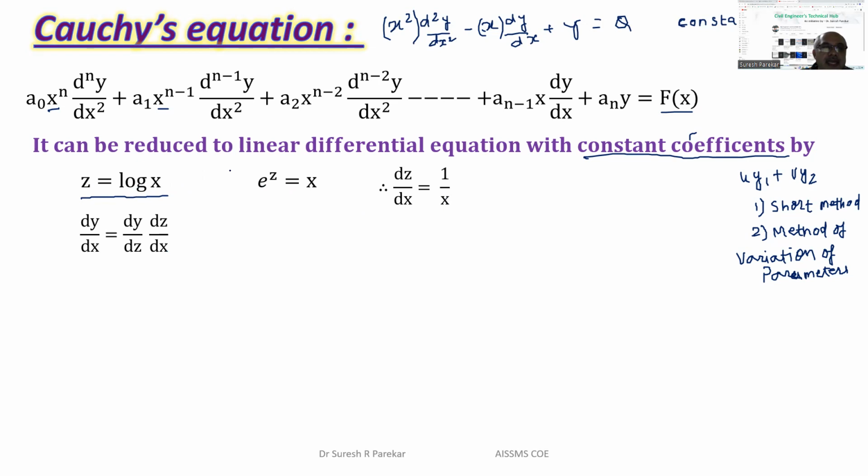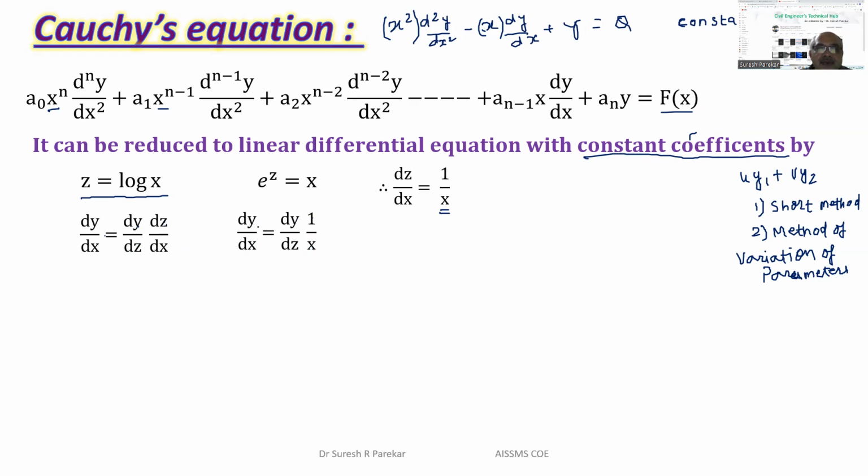Now we have dy by dx. So by chain rule, we can write it as dy by dz into dz by dx. This dz cancels. We have dy by dx. Now we have dz by dx as 1 by x. So we will put the value of dz by dx as 1 by x in this equation, and then we will get dy by dx equal to dy by dz into 1 by x.